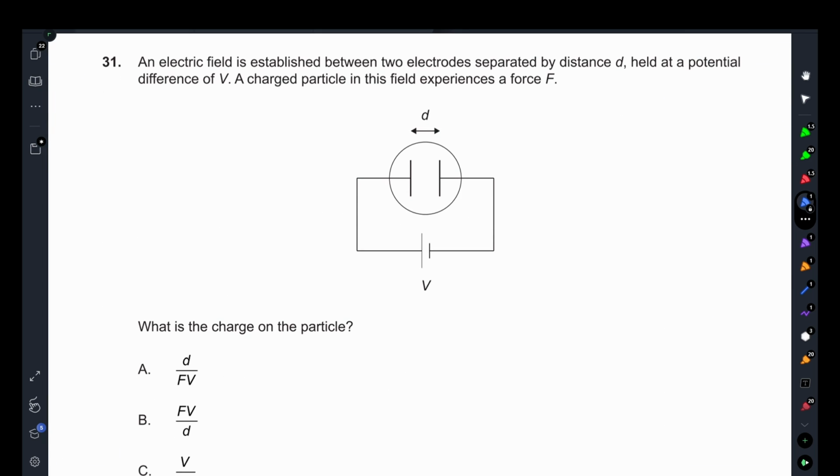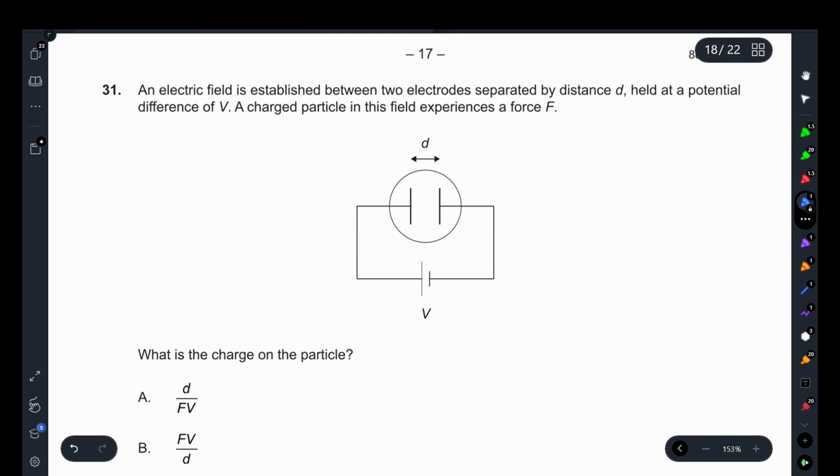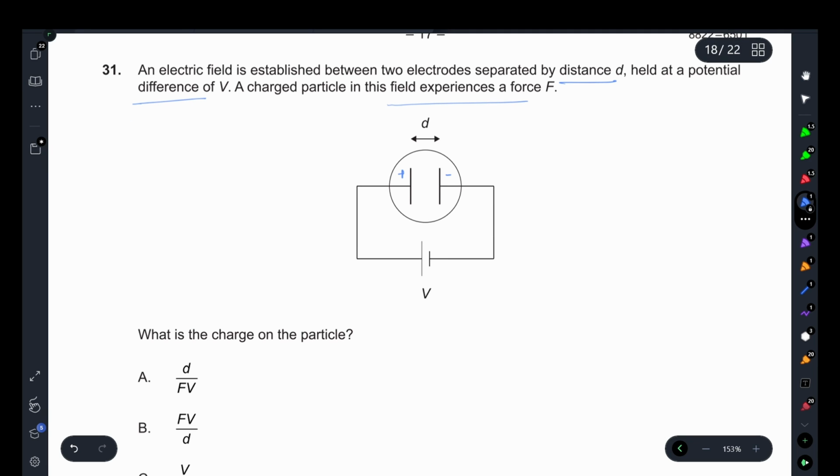Moving on to question number 31. An electric field is established between two electrodes separated by a distance d, held at a potential difference of V, and a charged particle in this field experiences a force F. Here, let's just start with plus minus for convenience. But let's write out what force means. F is equal to KQQ by R squared. And let's write out the formula for potential, which is really what you're considering.